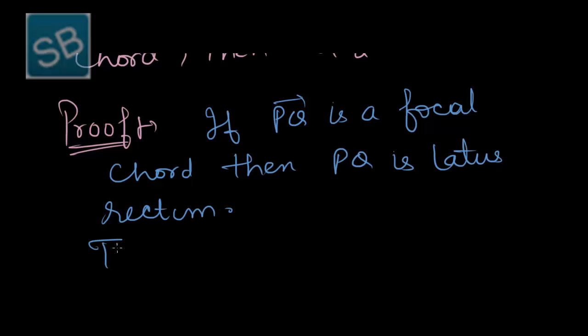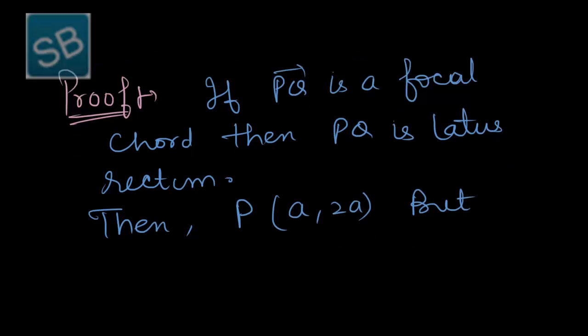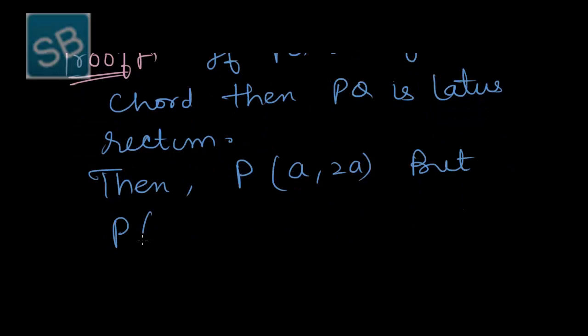Then P will have coordinate a, 2a, but P has parametric form, that is a t1 square, 2a t1 as coordinate.